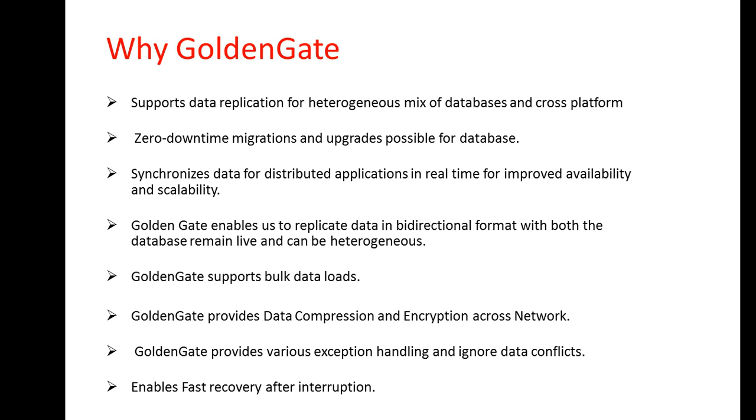So I can encrypt the data across the network, and it also stores the data in trail files in between, on the source and the target machine. Those trail files can also be encrypted. So definitely the data is secure using the encryption technique of GoldenGate itself.